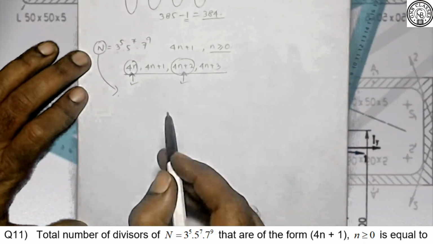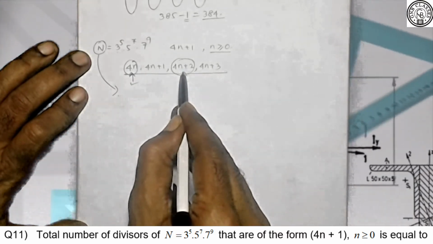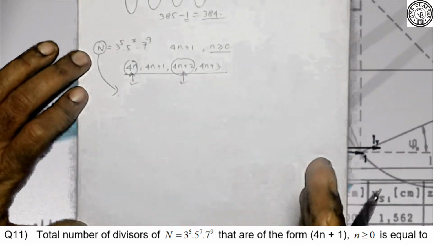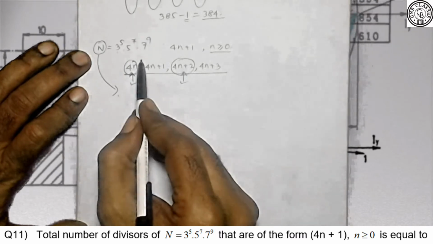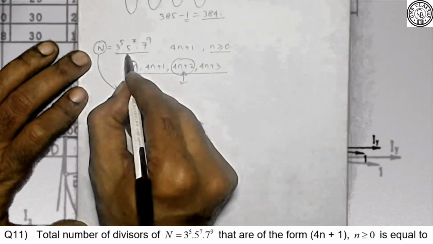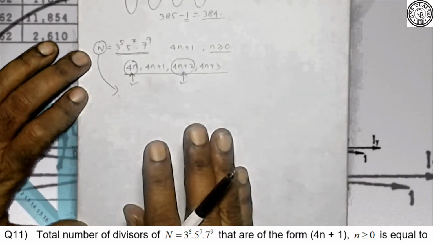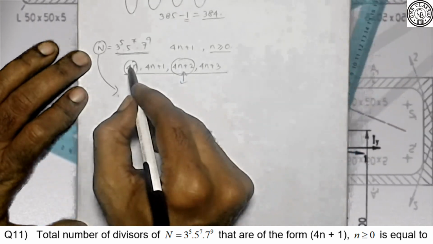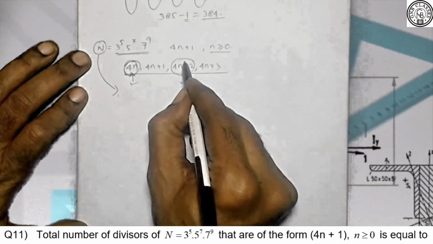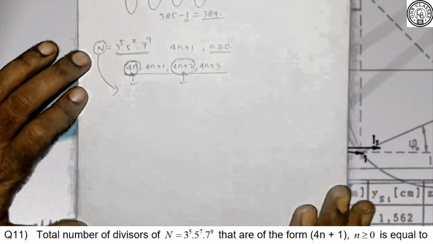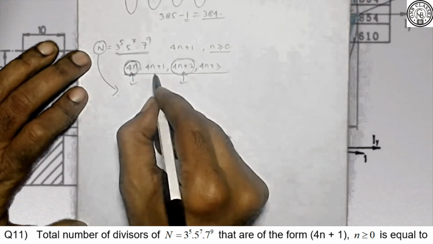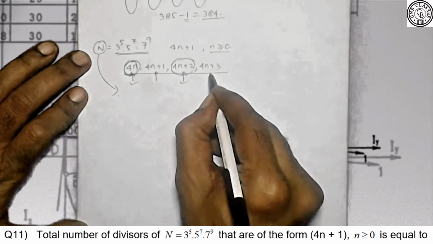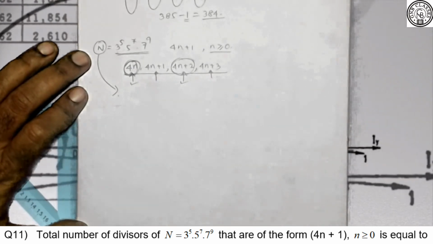Because to get 4n and 4n plus 2, it must be an even one, and to get an even divisor, we must need a 2. But in this prime factorization, there is no 2. So there is no question of getting divisors of the form 4n or 4n plus 2. Okay? Therefore, all the divisors that we are going to have will be either of the form 4n plus 1, or of the form 4n plus 3.